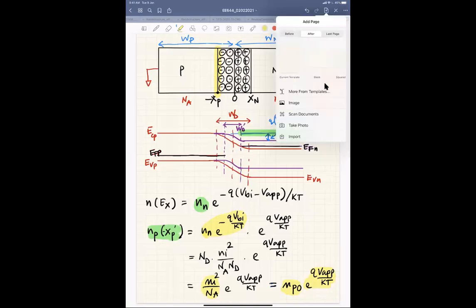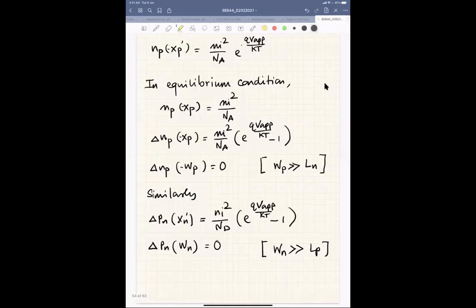All right. So I could write this down. We have derived np at minus xp dash is ni square by Na e to the power qVr by kT. In equilibrium condition, I had ni square by Na, right?